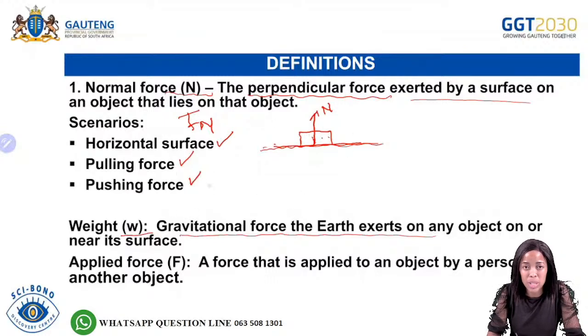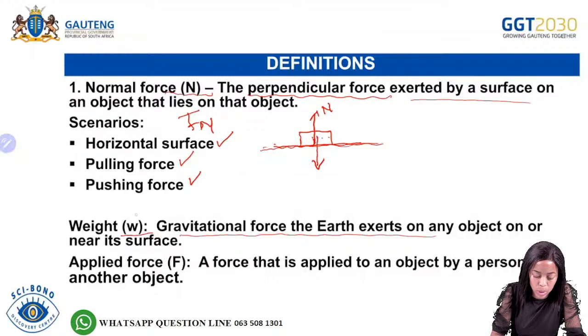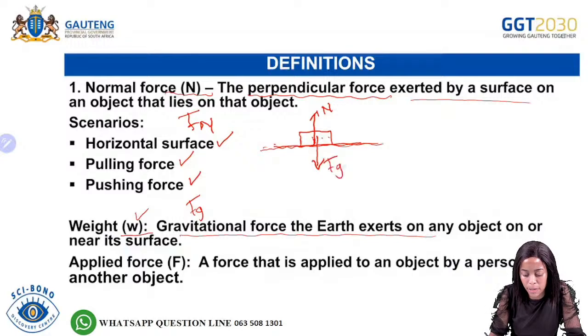And what you need to know is that with the gravitational force, it needs to be drawn from the center of the object, and it will always be going downwards. So the weight or the gravitational force, you can represent it using the letter W, or you can represent it using Fg. So going forward, I will be using capital letter F and small letter g.